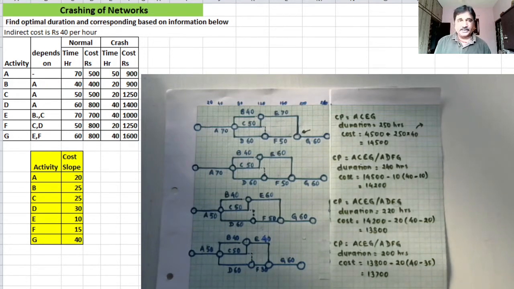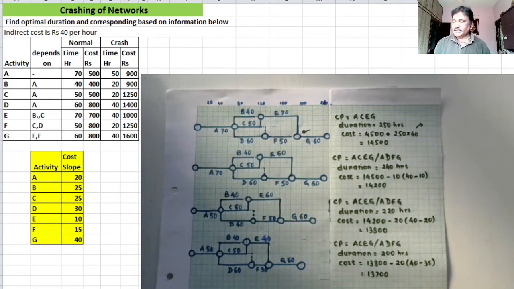So we find that the crashing cost per hour for activity A is rupees 20, then activity C on the critical path is rupees 25. Then activity E, which lies on the critical path, has a crashing cost per hour of rupees 10 only. That's very fine. That is an attractive cost to crash activity E. Let's find out about activity G. It takes rupees 30 to crash activity G by 1 hour.